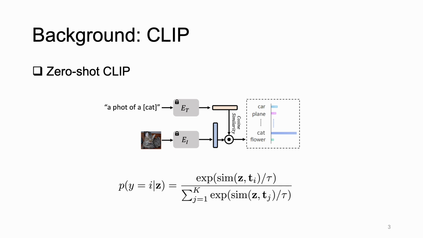This embedding can be used to compute the similarity with the image feature. If the similarity is high enough, that means this image belongs to that particular class. Behind is the formulation to compute the similarity and the final prediction.